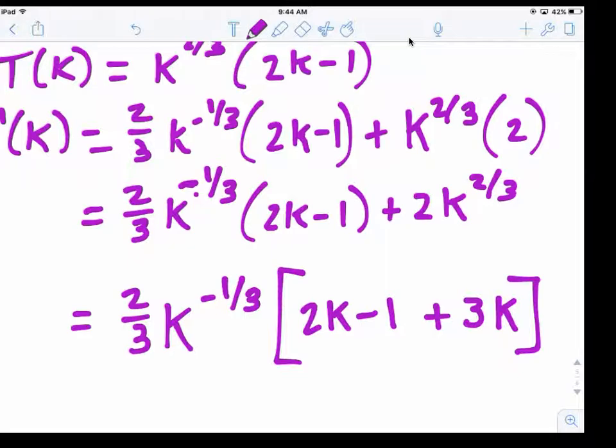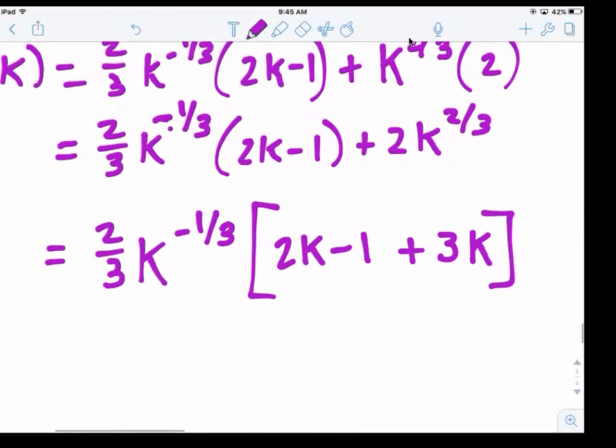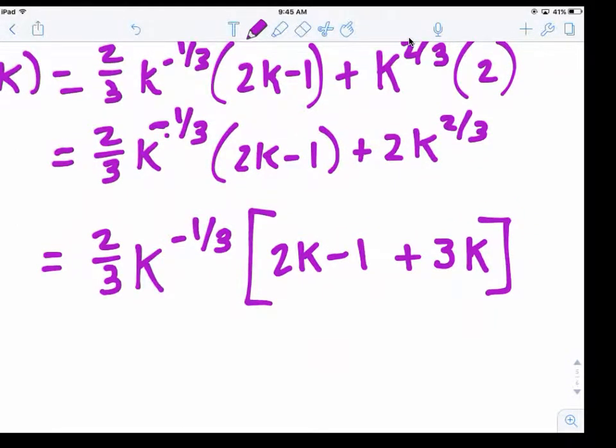If you were to take k to the negative 1/3 and multiply it with k to the first, which is really 3/3, if you add those exponents together, you get 2/3. So we're trying to see what do I need to multiply k to the negative 1/3 by so that it gives me k to the 2/3? If it's k to the first, which is the same thing as 3/3, negative 1/3 plus 3/3 would give you that 2/3.